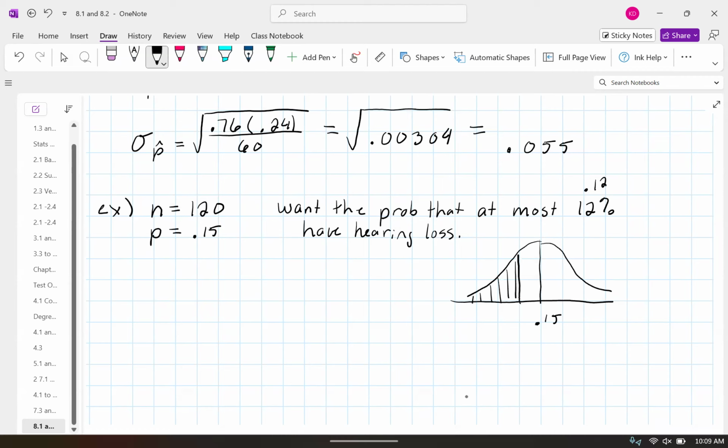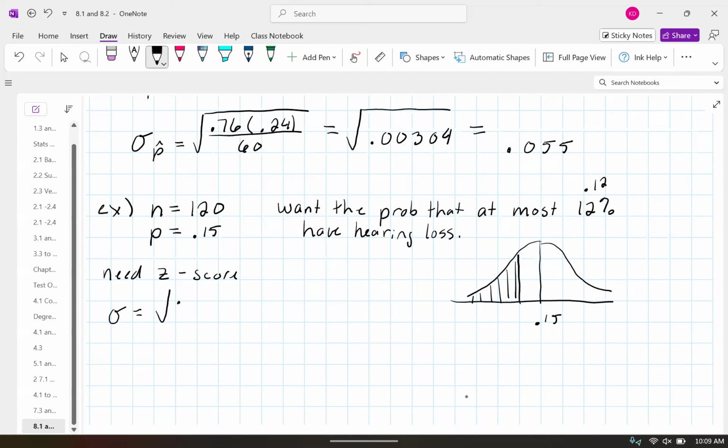Okay, so how do we find that? Well, we're going to need a z-score eventually, and to get that, we need our standard deviation. So sigma equals the square root, and our equation was up there.